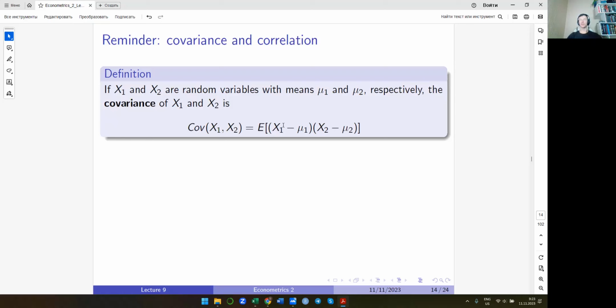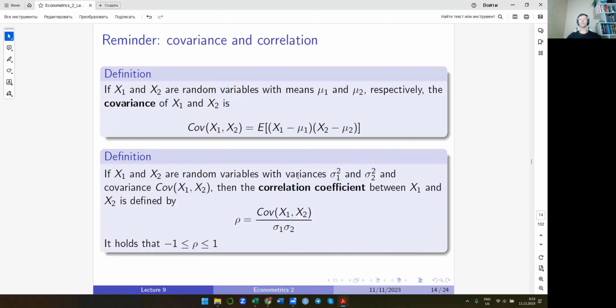You take random variable x1 minus its mean multiplied by random variable x2 minus its mean, and then you take the expectation of this. Correlation is defined as the ratio of the covariance and the product of standard deviations, sigma 1, sigma 2, the standard deviations of variables x1, x2. So the correlation coefficient is always enclosed between -1 and 1. So this is the rule.